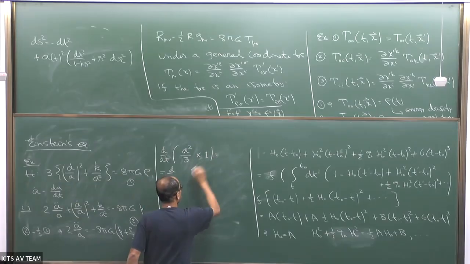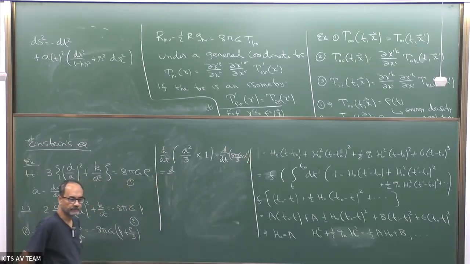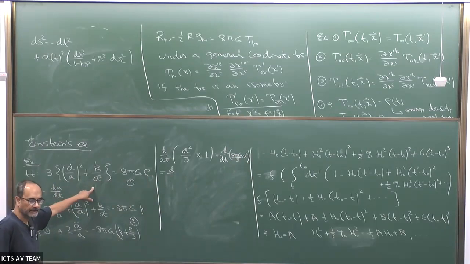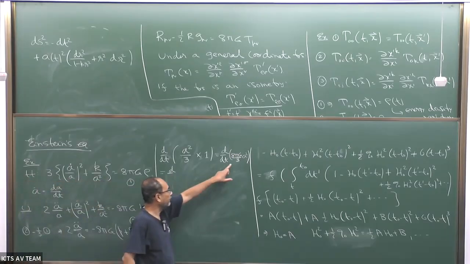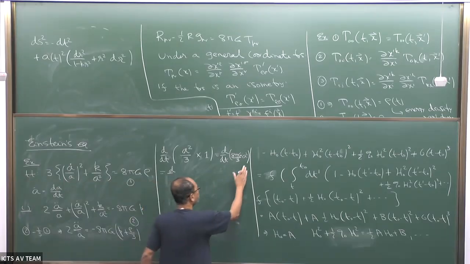Let me write the right hand side. This is equal to d/dt of 8 pi G by 3 a squared, this is the rewriting of the first equation. d/dt of a squared by 3 times 1. So a squared by 3 I have to multiply, and on this side I multiply by a squared by 3. Sorry, rho, I forgot.